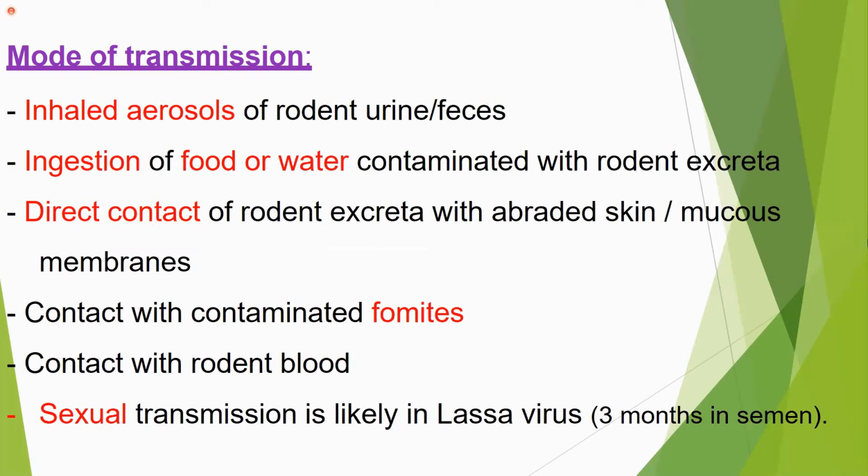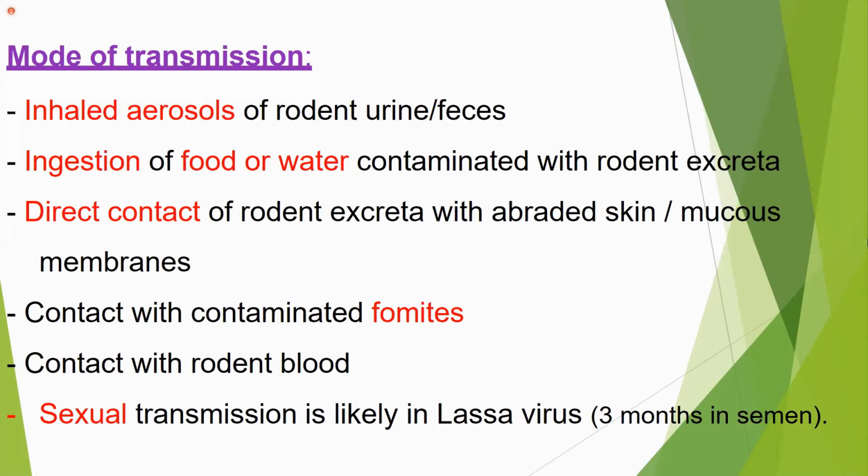The modes of transmission of these viruses are inhaled aerosols of rodent urine and feces, ingestion of food or water contaminated with rodent excreta, direct contact of rodent excreta with abraded skin or mucous membranes, contact with contaminated fomites, or contact with rodent blood.